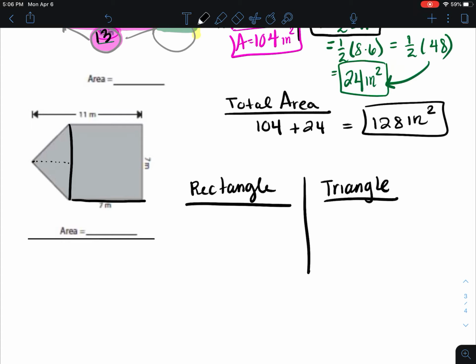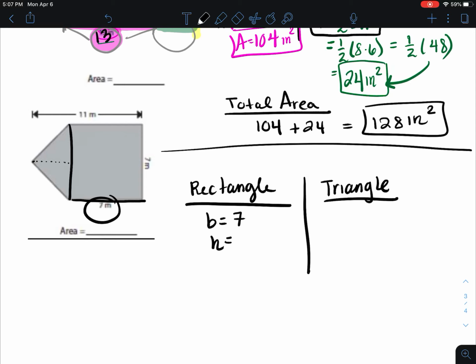The base and the height of this rectangle, that's a 7, and that's a 7.